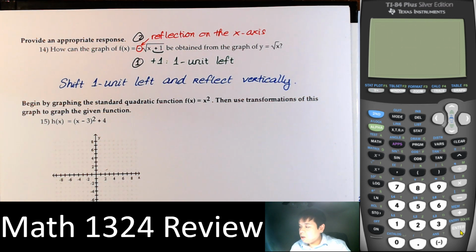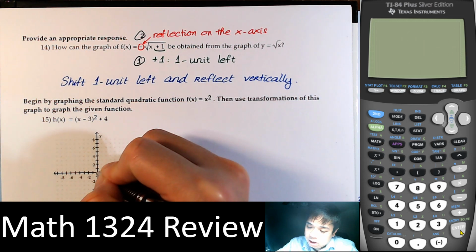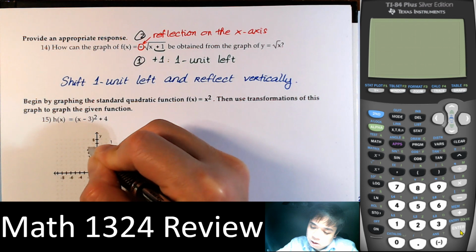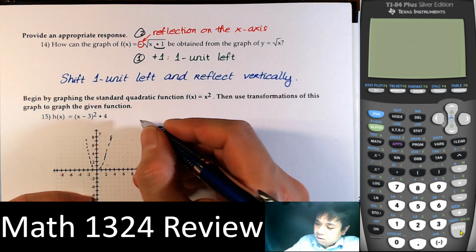So in this one, first we have the basic graph. Begin by graphing the standard x squared. So x squared, we write the basic graph.